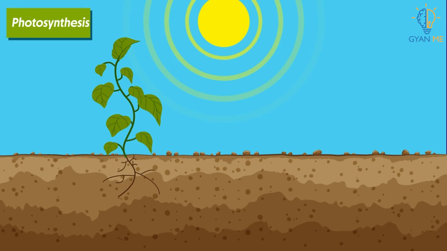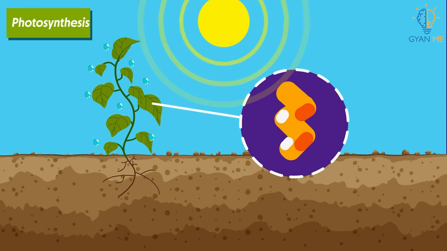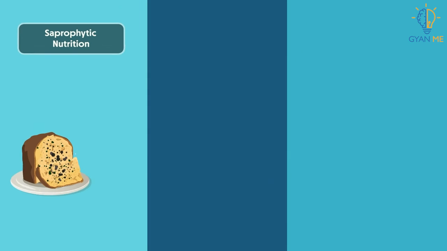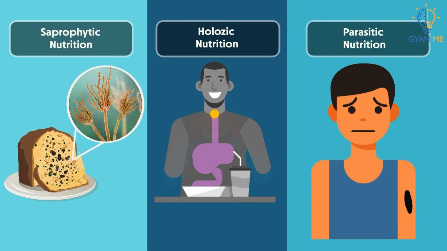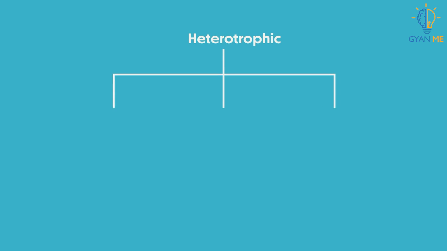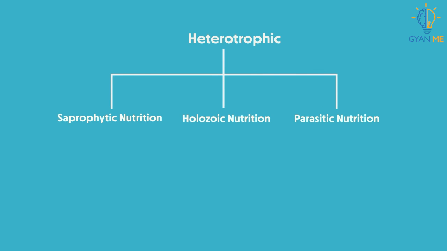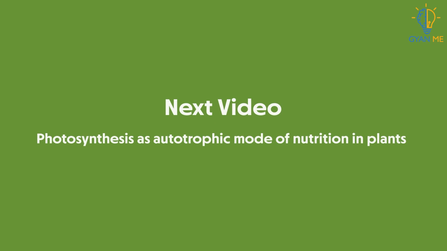The organisms using autotrophic mode of nutrition make their food on their own using photosynthesis, while the organisms using heterotrophic mode of nutrition do not make their food on their own but depend on other sources or organisms for food. The different modes of heterotrophic nutrition include saprophytic, holozoic, and parasitic nutrition. In the next video, we will talk about photosynthesis as autotrophic mode of nutrition in plants.